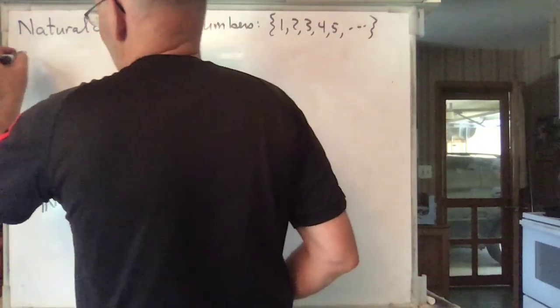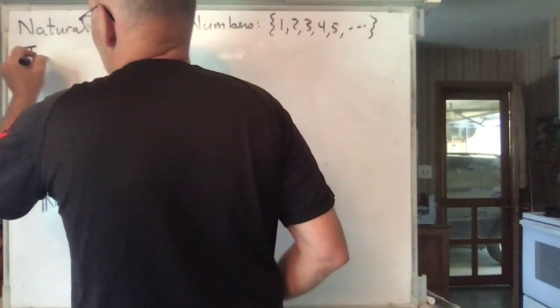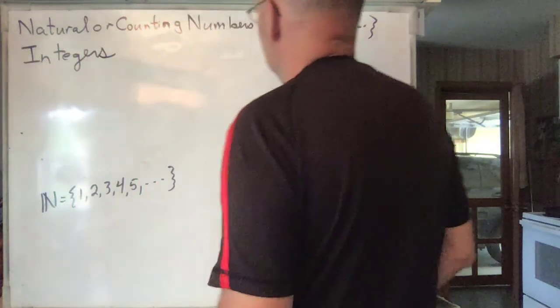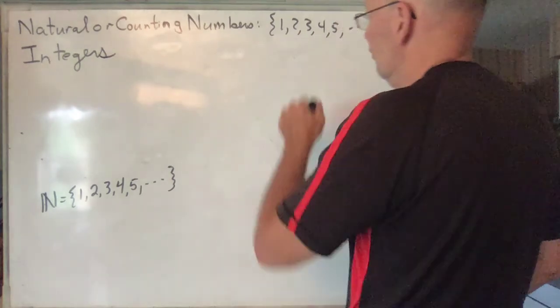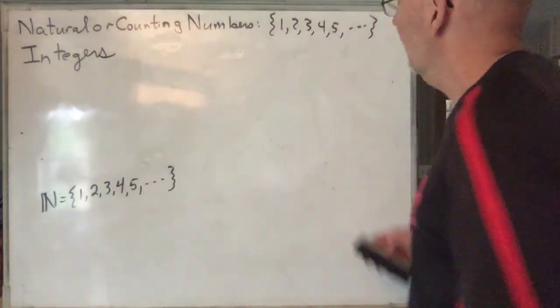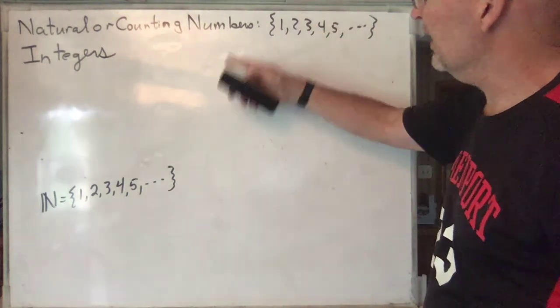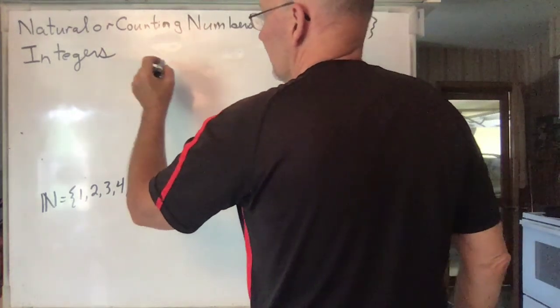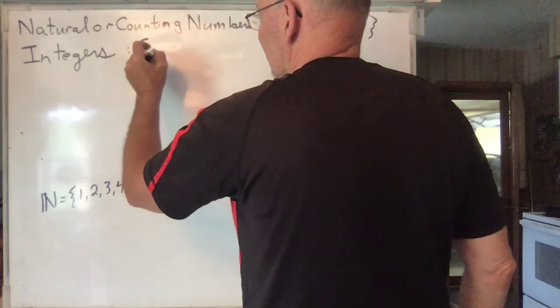Then the next important set is called the integers. And the integers is what you get by taking the counting numbers and you take all the negatives of them and you also throw in 0. So maybe the easiest way to write them is to go something like this.